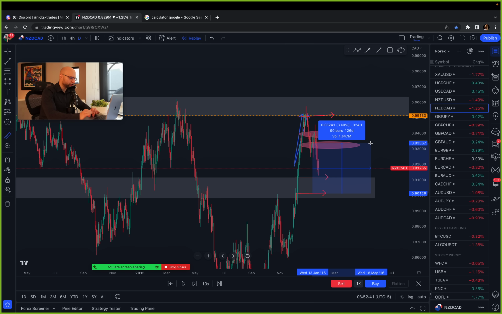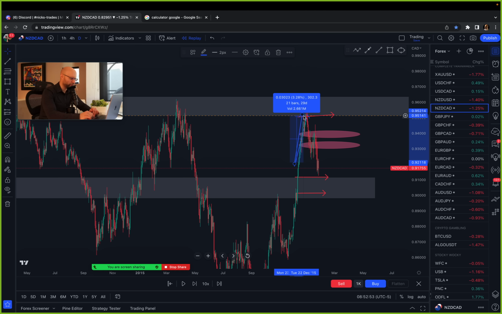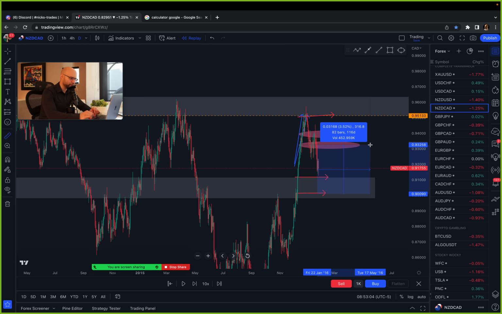If that original risk for that position size was 300 pips, that means that every 300 pips in profit or loss represents a set amount, so we can calculate how much profit we would have made. That one was 324. So this was 300 pips in profit, and this was about 320 pips in profit. So we're going to say each of those was about a $7,500 profit, since the initial risk was about 300 pips or so.